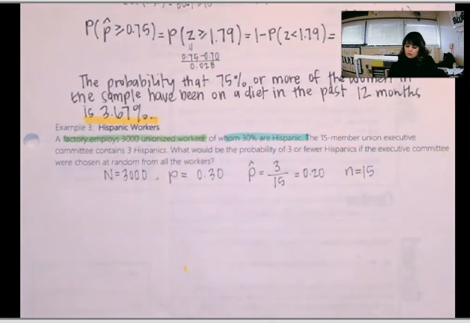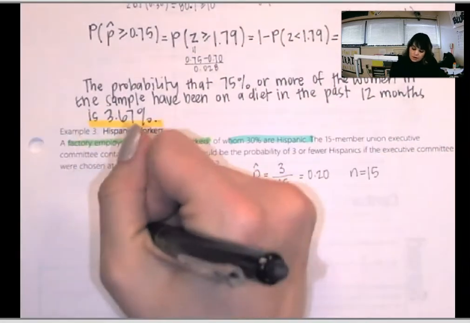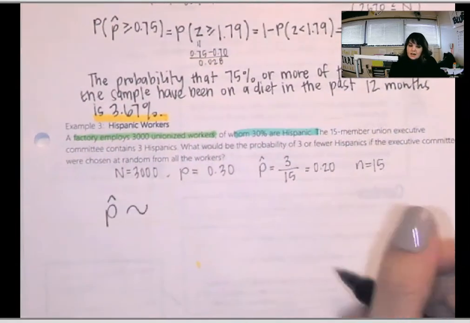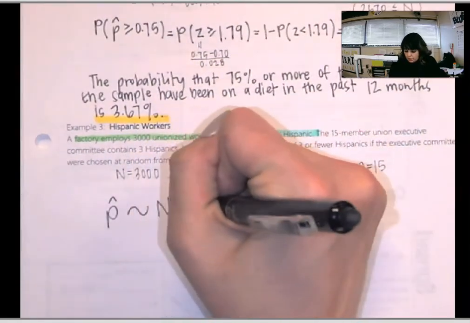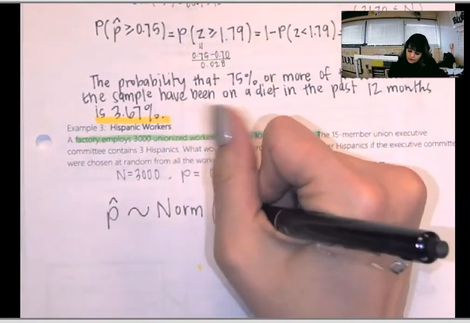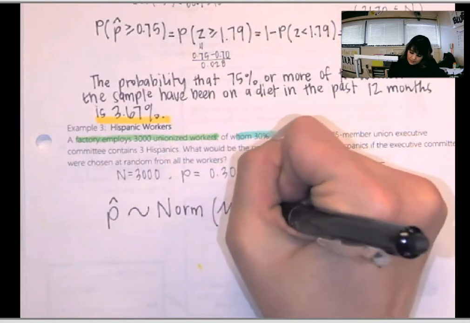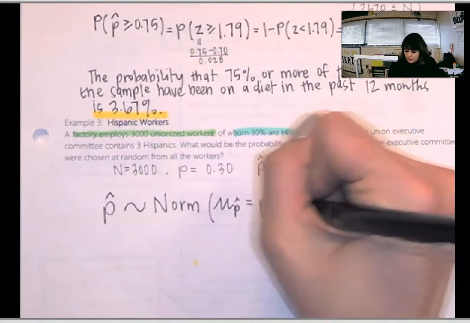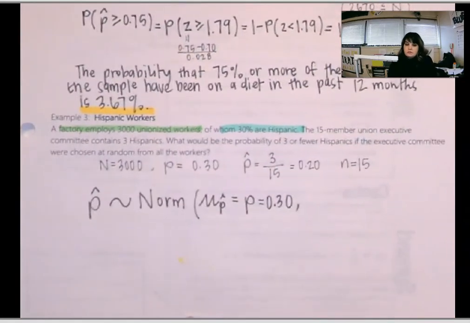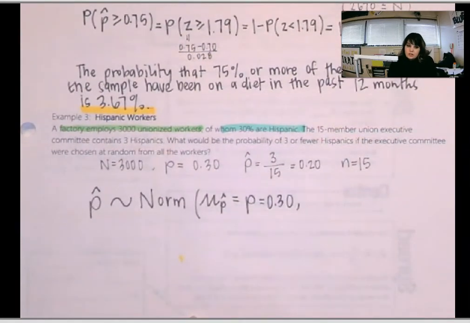Okay, well, let's set up our distribution. So we know P hat comes from a normal distribution where mu sub P hat is equal to P is equal to 0.30. That's just saying I'm centered at the true value.